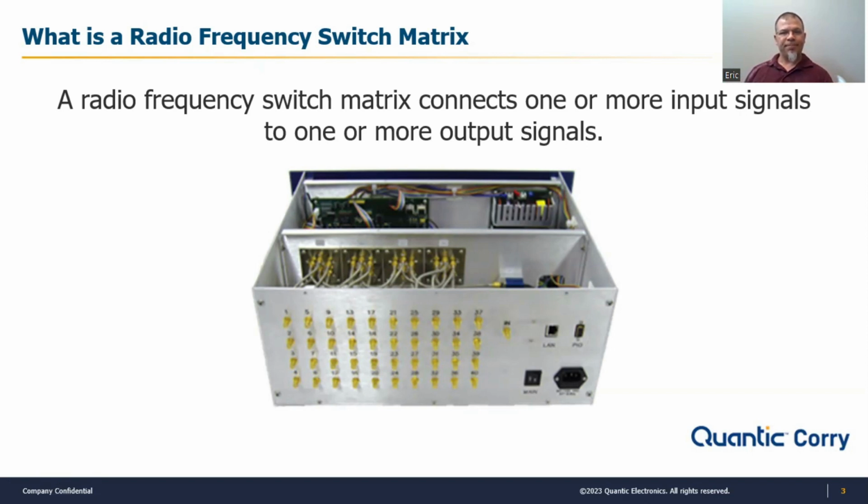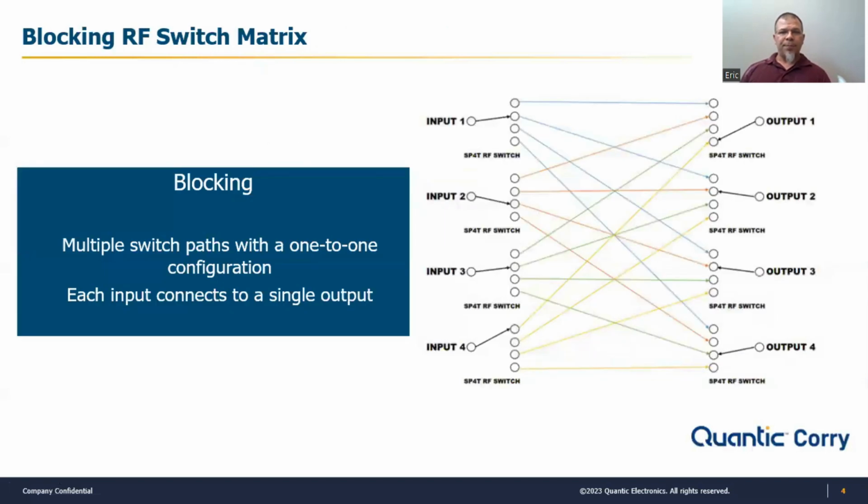Okay. And are there different types of switch matrices? Yeah. So there are three main types or three main architectures. The blocking is a very popular one. It allows you to route one signal on the input side to one signal on the output side. Each input can connect to one and only one output.